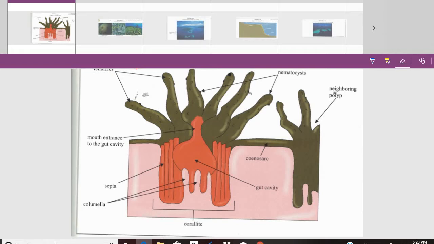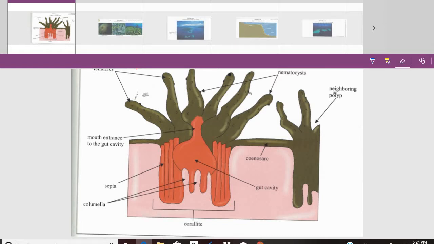Then the sides of the top grow by secreting more calcium chloride. Unfortunately, we don't have a picture of that, but basically the polyp lifts itself up, secretes a new bottom, and the sides grow higher by secreting more calcium chloride, and so you get growth of the coral like that.